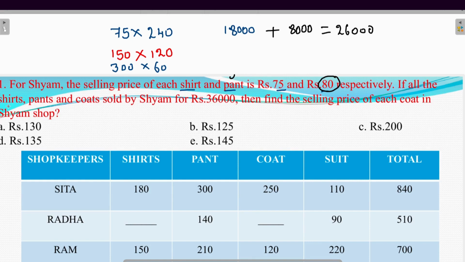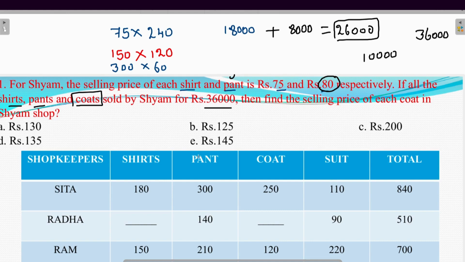Now the total selling price of all the shirts, pants and coats, these 3 items, is 36,000. I know the 2 items' selling price is 26,000, which means the coat selling price is 10,000. 36 minus 26, 10,000. It is the total selling price of the coats.